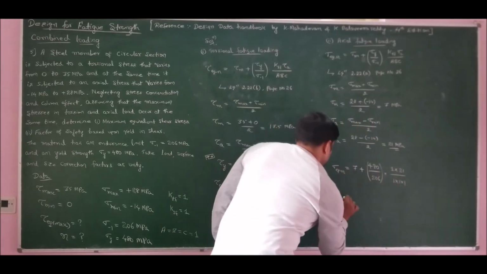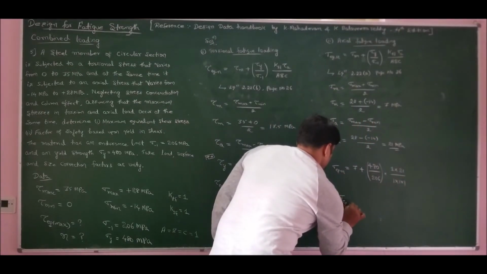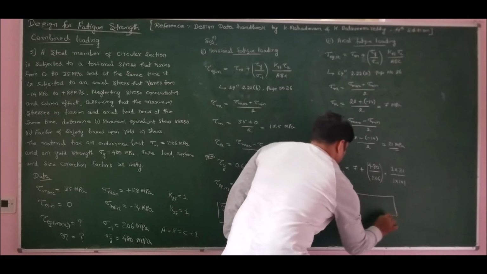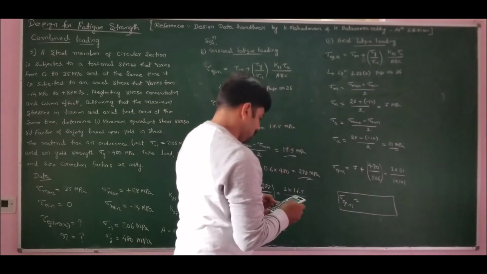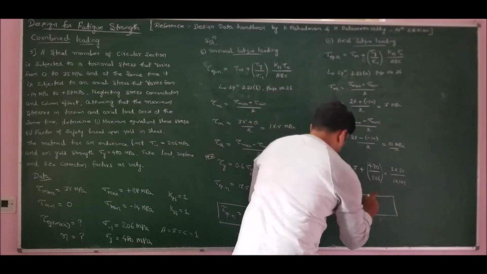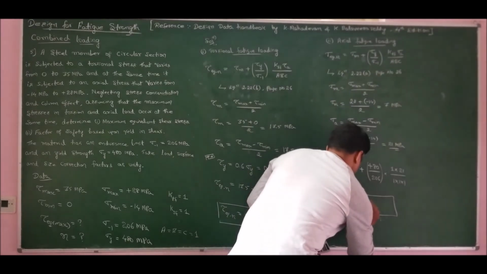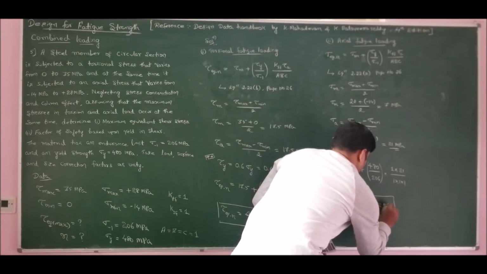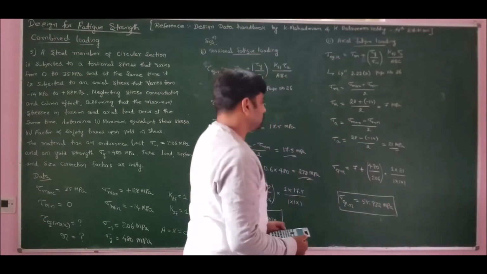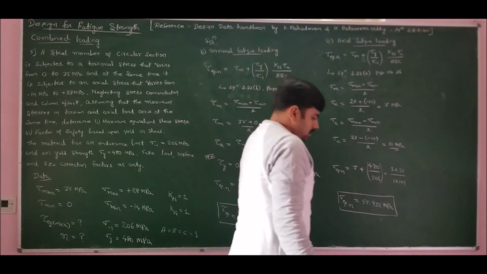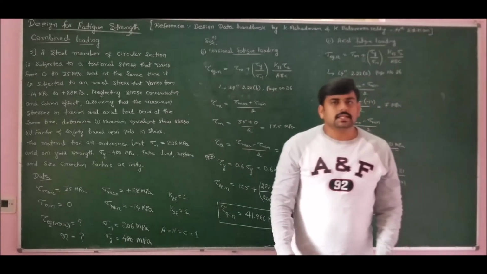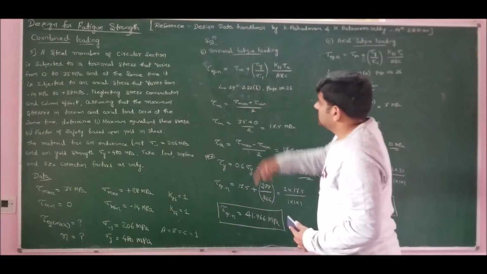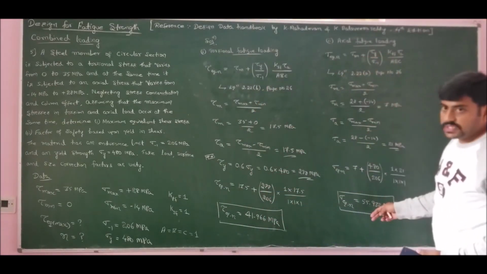So I will get the value of sigma equivalent n as 55.932 megapascals.